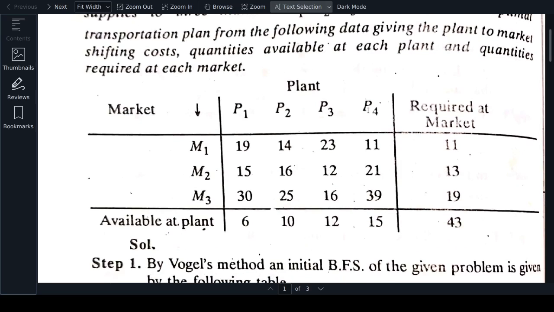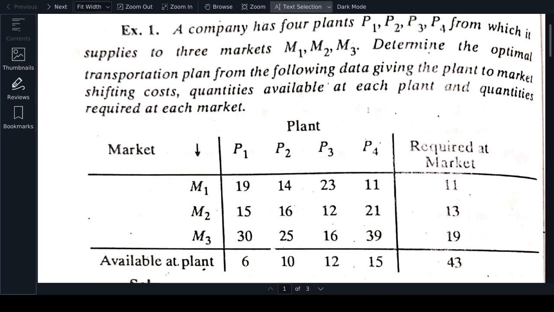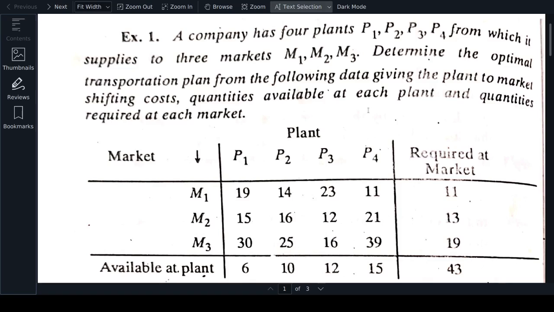This is the problem. Determine the optimal transportation plan. First, what do we do? First we shall solve it by any one method. We already know that for solving the transportation problem, there are 3 methods: northwest corner rule, lowest cost entry method, and Vogel's approximation method.